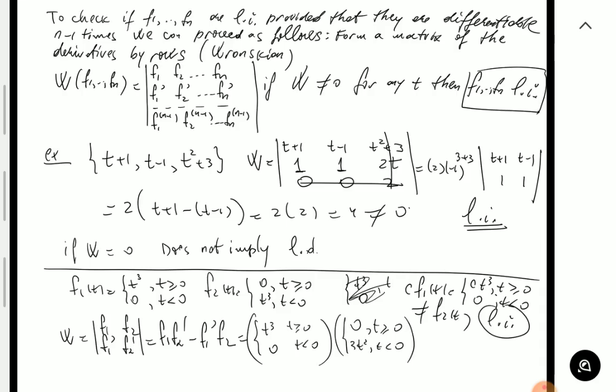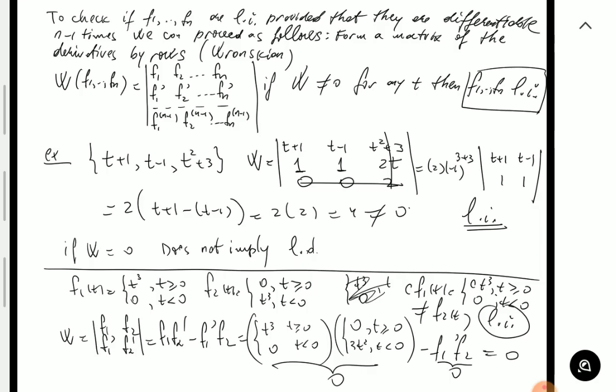But because of the way it's defined, this product is just 0. By the same argument, the other product is also 0. So this is a case in which the Wronskian is equal to 0, yet the functions are linearly independent. So the converse is not true; it's only unidirectional.